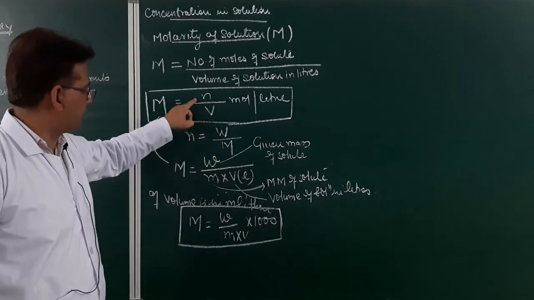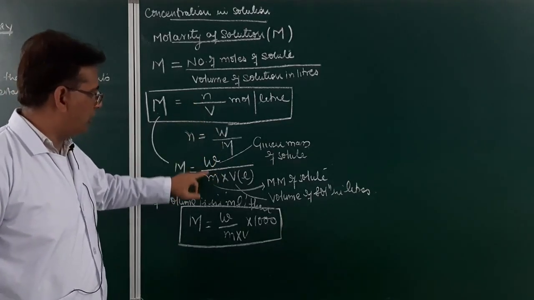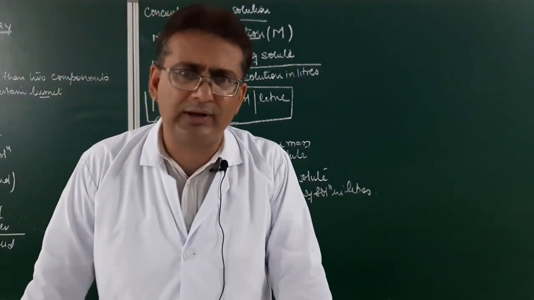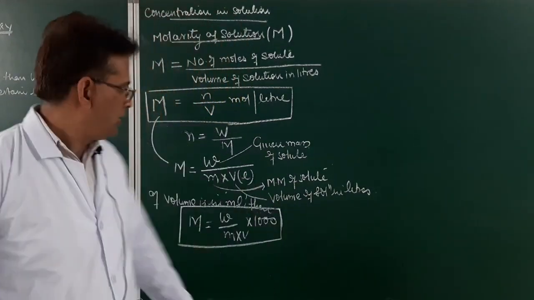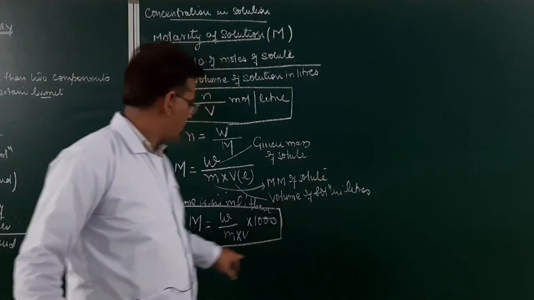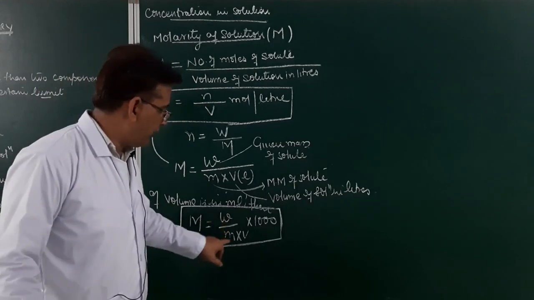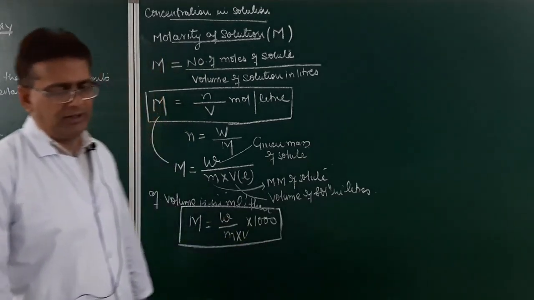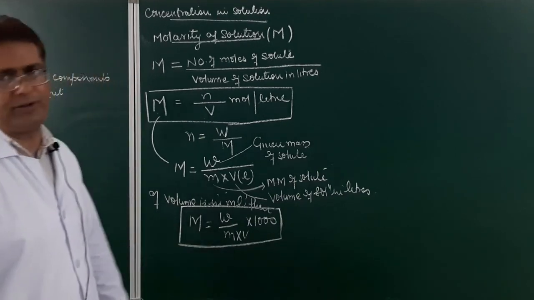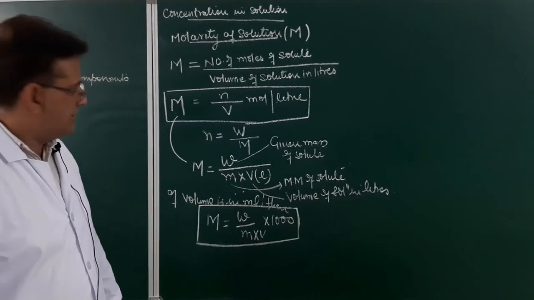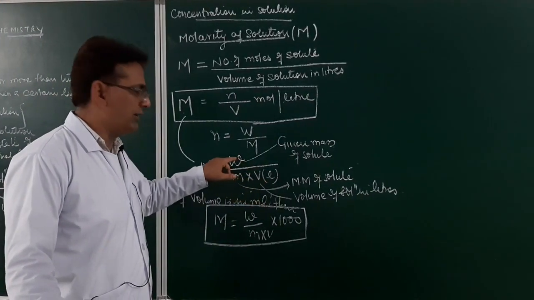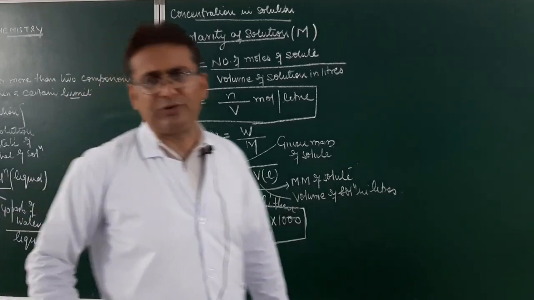Putting this value over here, molarity will be equal to W upon M into V. So the number of moles of solute present in a liter of the solution will be called the molarity of the solution. Now this V, if expressed in terms of milliliters, then W upon M into V into 1000 will be the formula. Think how I have obtained the multiplication by 1000. Yes, when this is in liters, so this must be in kilograms, the mass will also be converted into grams.